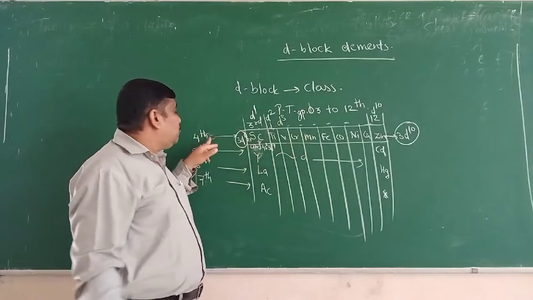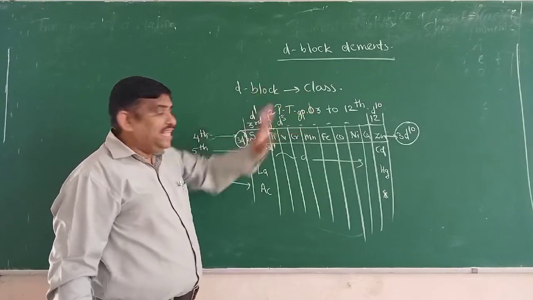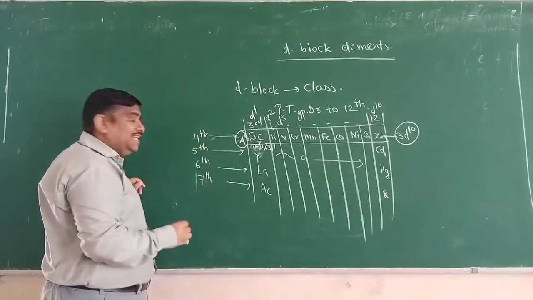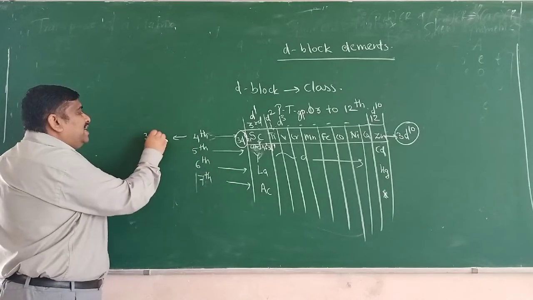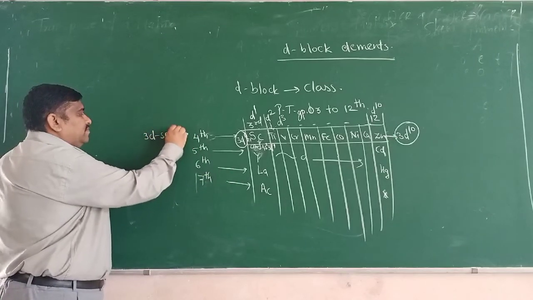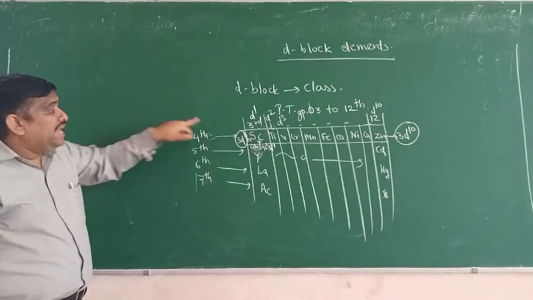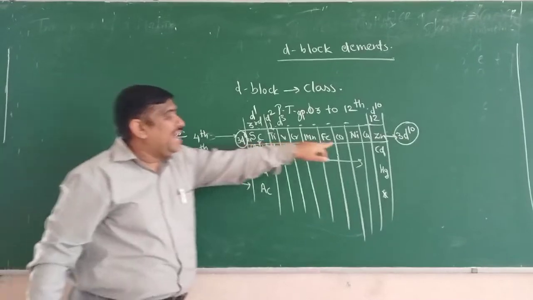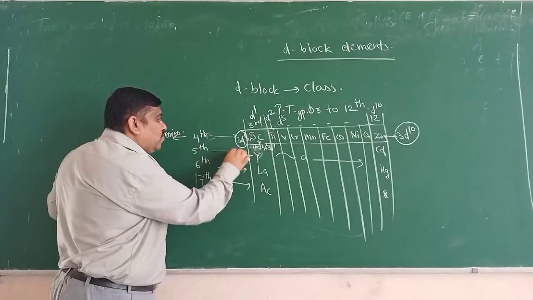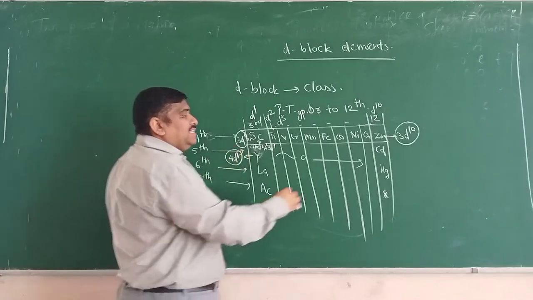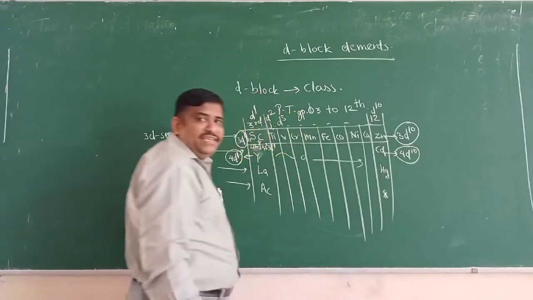It means the elements in this 4th period run from 3d1 to 3d10. Therefore, the 4th period is known as the 3d series elements. Next, from yttrium to cadmium, the starting electronic configuration is 4d1 and it ends with 4d10.